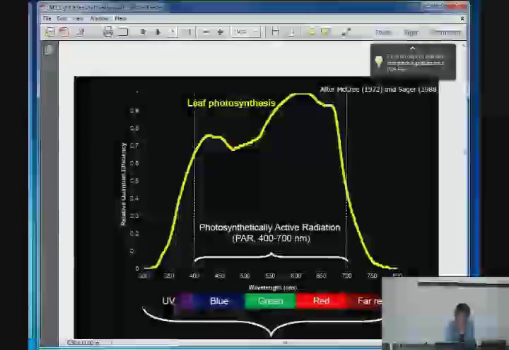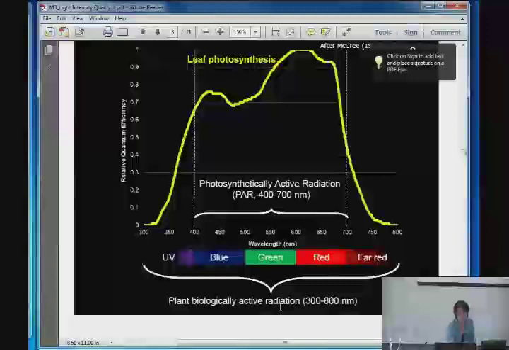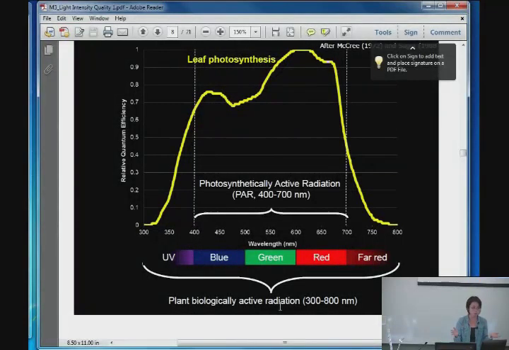So I have a name in here, plant biologically active radiation. Okay? Biologically active. So 300 to 800. So if you are an engineer designing the light environment, and you want to quantify what kind of light environment in terms of spectrum, then you want to scan at least from 300 to 800, what's there, not just 400 to 700.